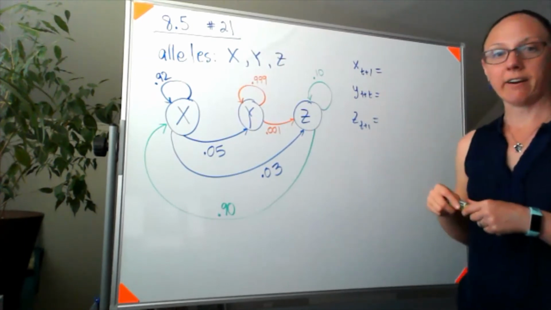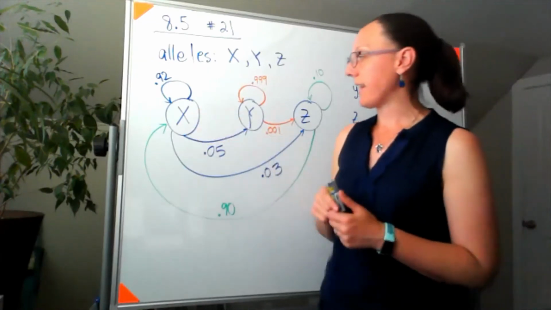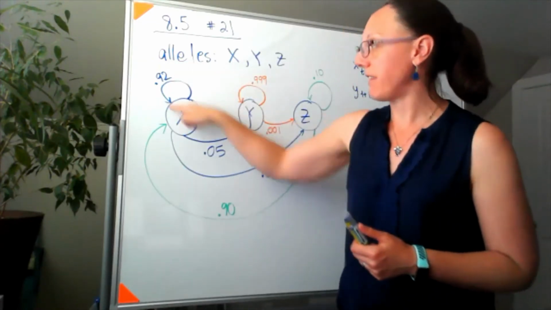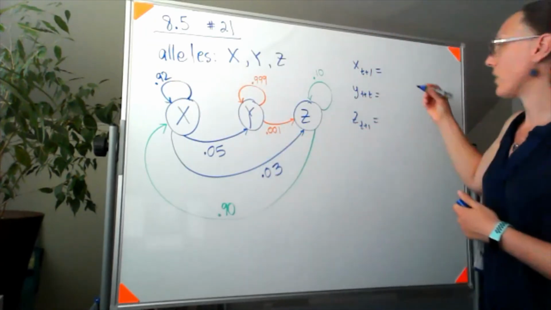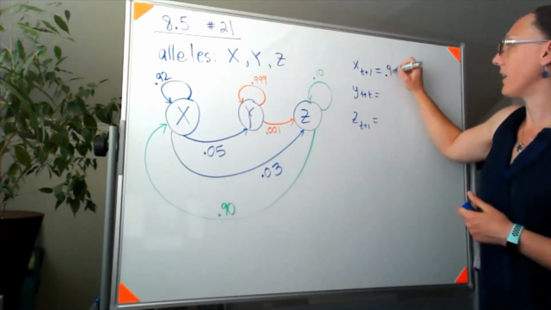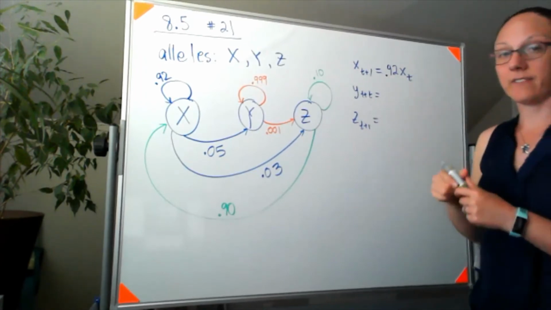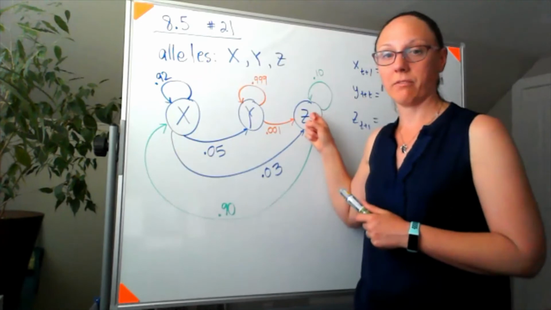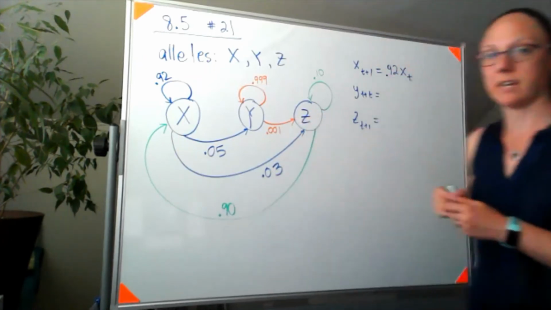And again, what I care about is what's coming into x. So if I look at x, x is feeding back into x at a rate of 0.92. So that's going to look like 0.92 x sub t. The other thing that's feeding into x is coming from z. So I'm going to have 0.9 times z sub t.